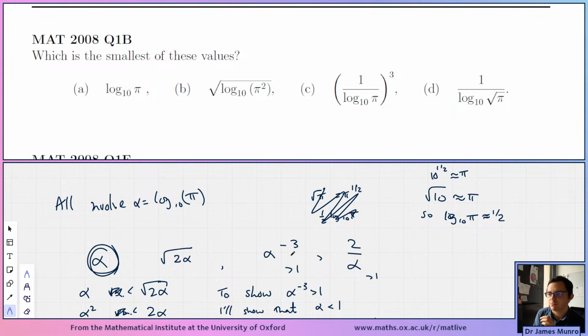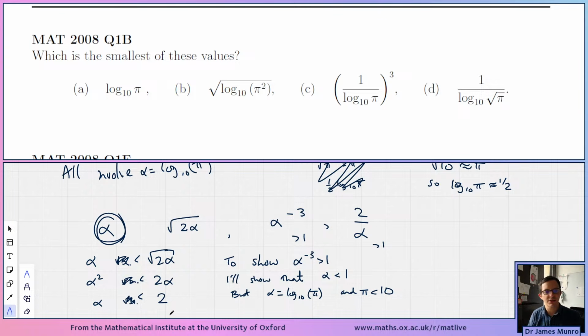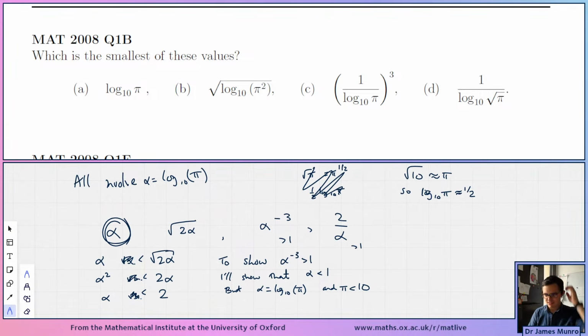They're much larger than 1, and this thing is, well, if alpha is less than 1, this thing could be, couldn't it? You have to do the comparison for these two. Okay. Yeah, smaller, so A is smaller than B. And I guess I've only used the fact that alpha is less than 2 over there.